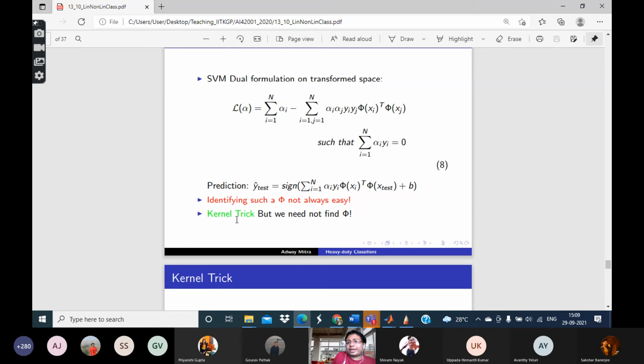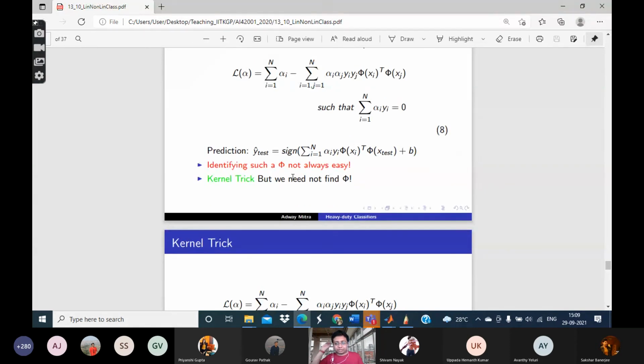That allows us to apply what we call the kernel trick. Now what is a kernel trick? A kernel function is a function which takes as input any two vectors and returns as output the dot product between some transformed form of those vectors.